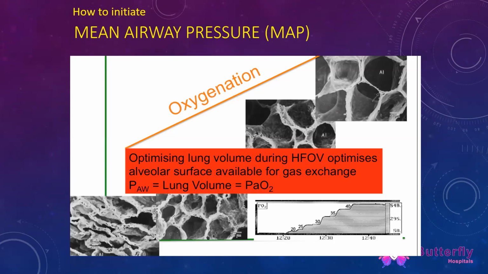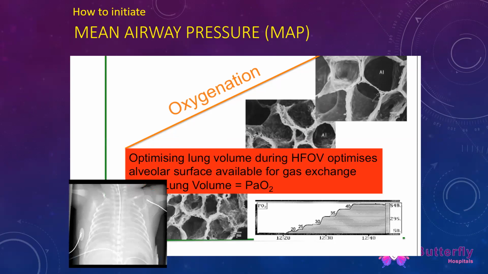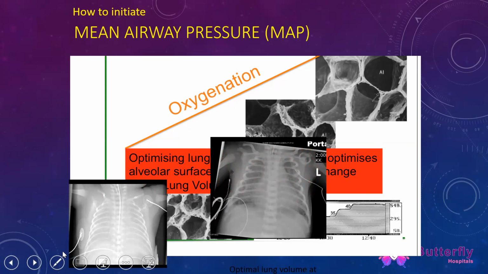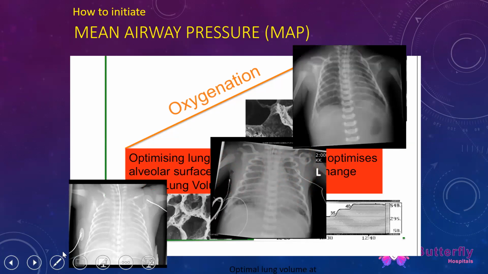As you increase the mean airway pressure, the lungs are going to open with high frequency ventilation, just like a typical RDS baby opening up with the ventilation. If you don't do it properly, it can actually overexpand the lungs. Even with high frequency ventilation, there is a high risk that you will still cause overexpansion of the lungs and cause volume trauma.